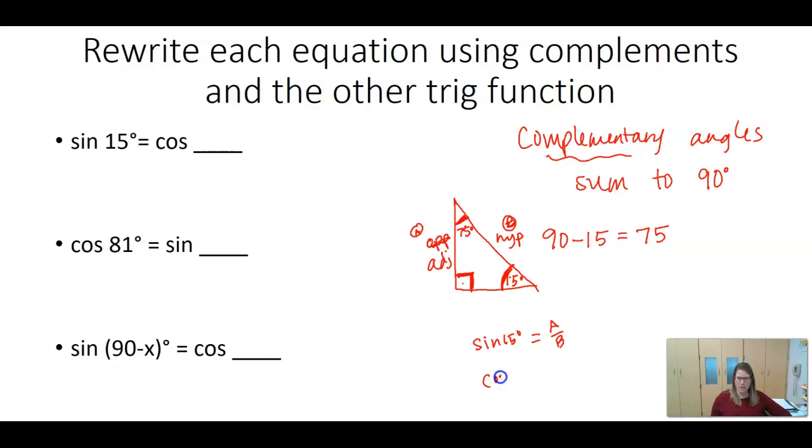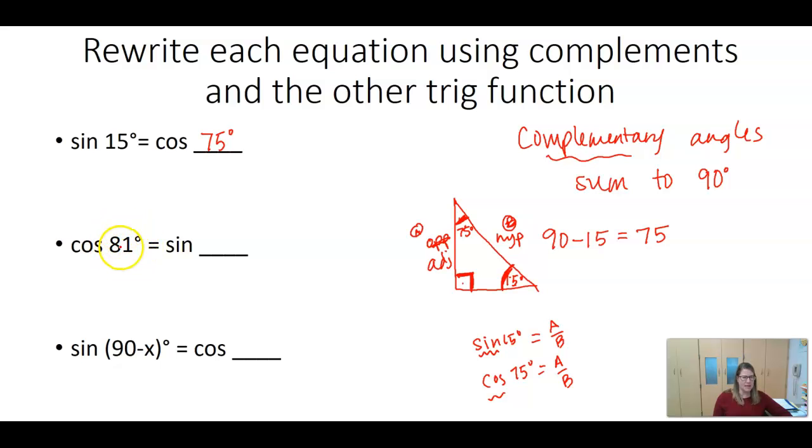So the cosine of 75 degrees is also equal to side A over side B. Okay. So if I use the other angle and switch the sine or cosine, they're going to be the same every time. So I just take and subtract this 15 degrees from 90. Then I know the sine of 15 is going to equal the cosine of 75, or 90 minus 15, right? So find the complement to that angle.